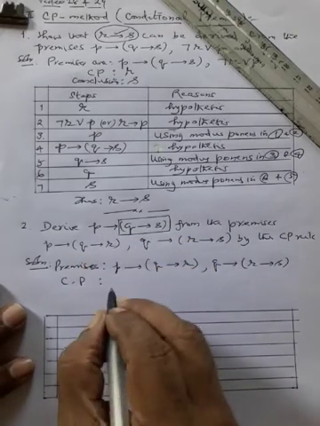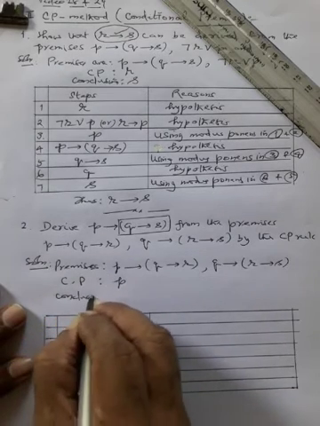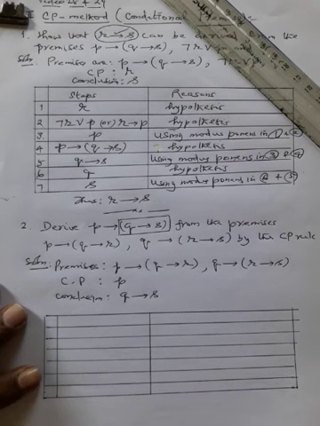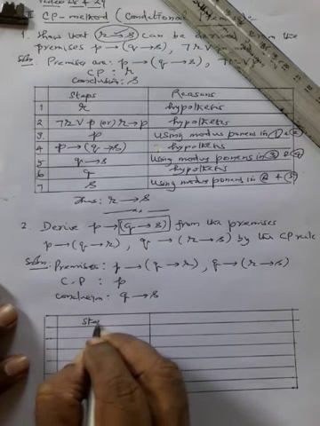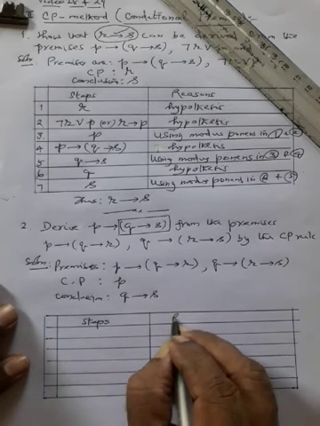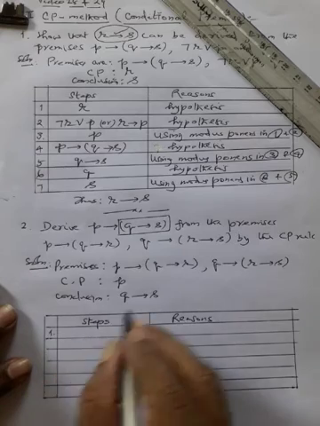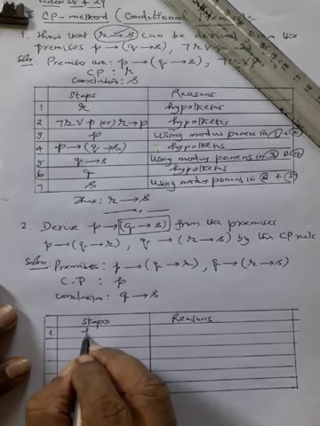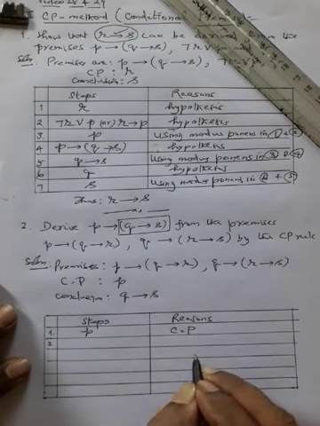So the conditional premise is P. Conclusion is Q conditional S. Steps, reasons. Step 1, among the premises including the conditional premise, the single letter P is there. So P is the conditional premise.